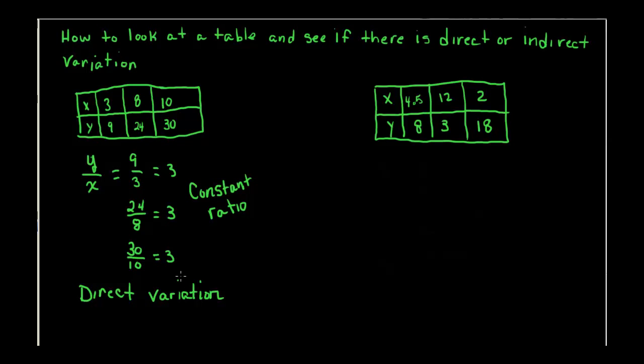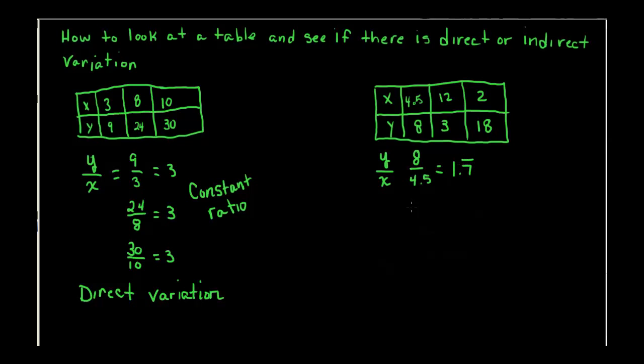So let's look at the next table. We're going to check for direct variation, so we're going to look at the ratio y to x. In the first one, we have 8 to 4.5, which is 1.7 repeating.